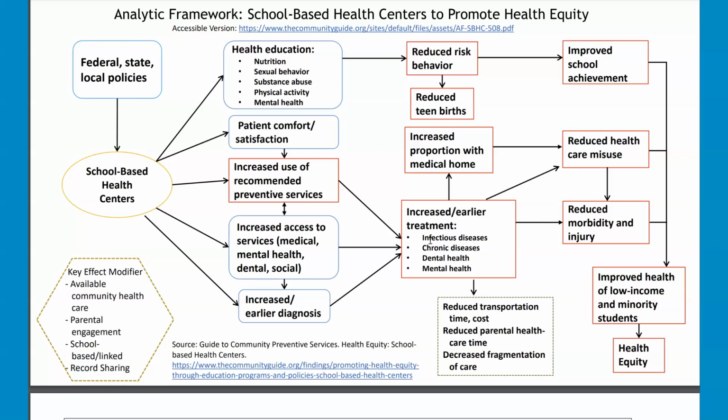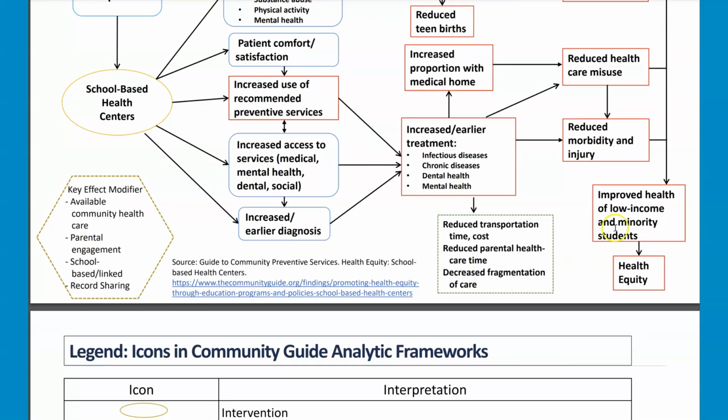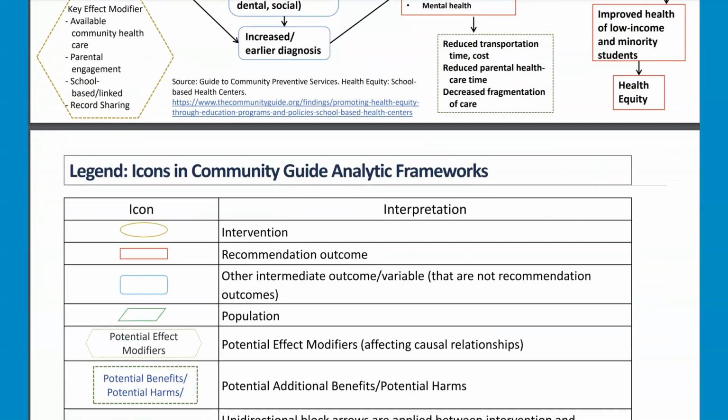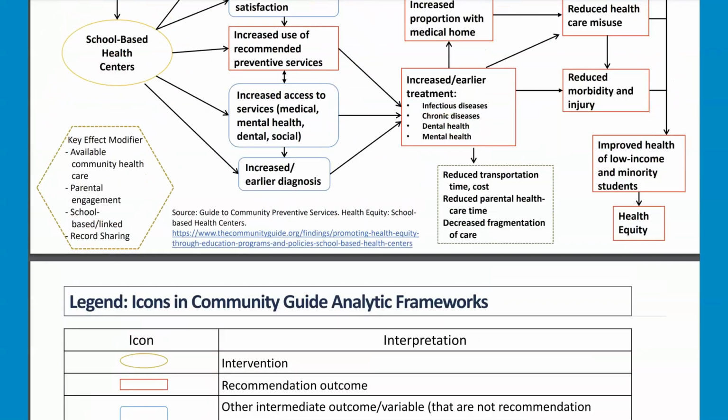Of course, we all want that. Chronic diseases, we want to catch that early. Improved and early dental health and mental health services. And in effect, what that causes, and that's a dotted box, is the potential benefits and the potential harms. So let's see if it's a potential benefit or a harm that they're emphasizing.